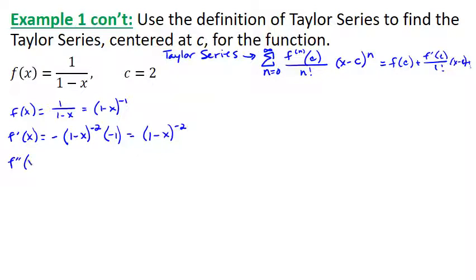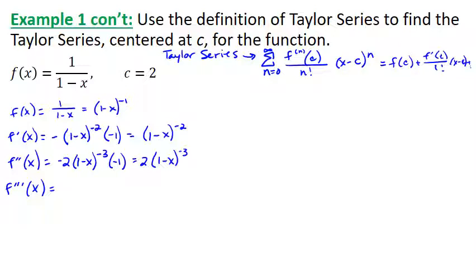F double prime, now I'm going to find the derivative of this. So the derivative of the outer function, leave the inner function times the derivative of the inner function. So this gives me 2 times the quantity 1 minus x to the negative power of 3. And then we'll find the third derivative.